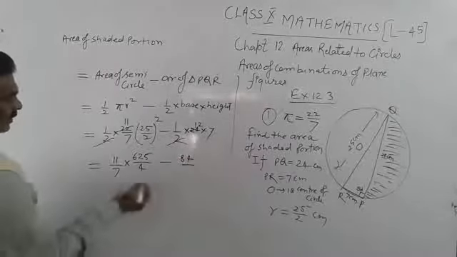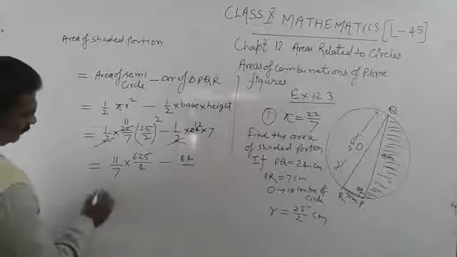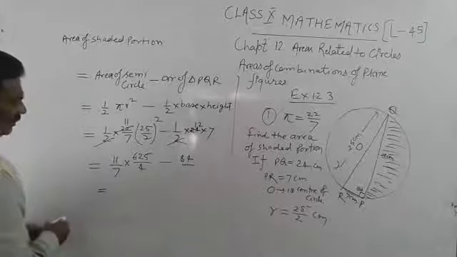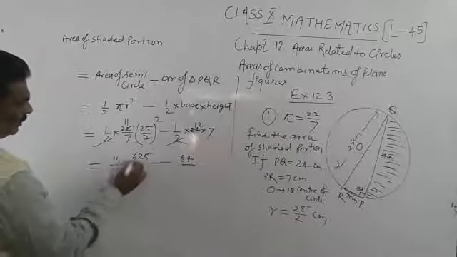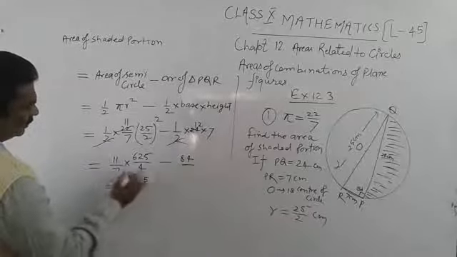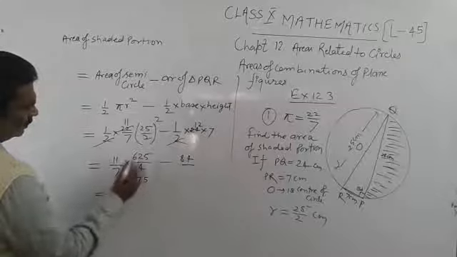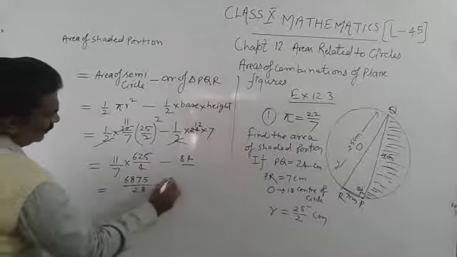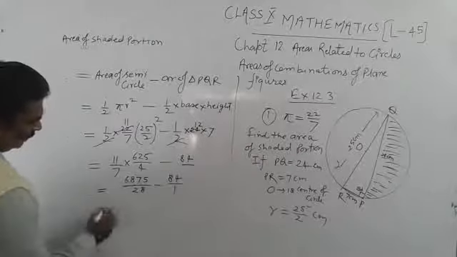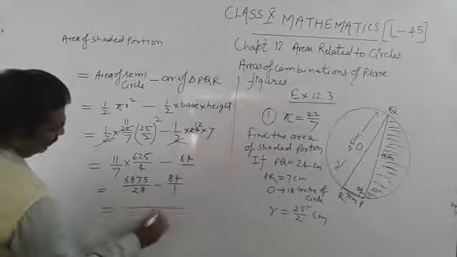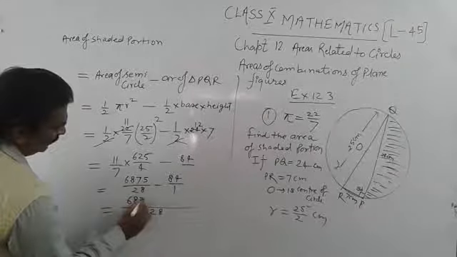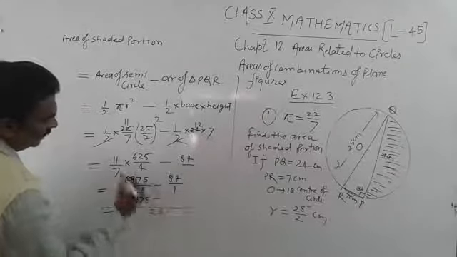Okay students, now we can take LCM. Either we can multiply, so it becomes upon 28 minus 84 upon 1. Now we take LCM 28 and here it will be equal to 6875 minus now 84 into 28.